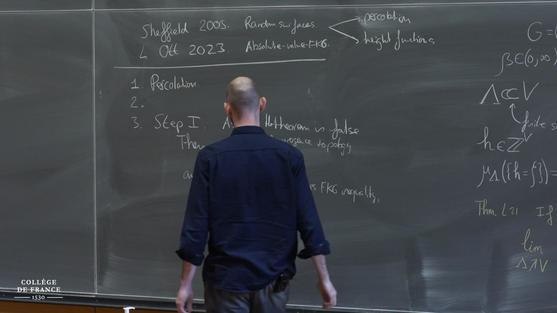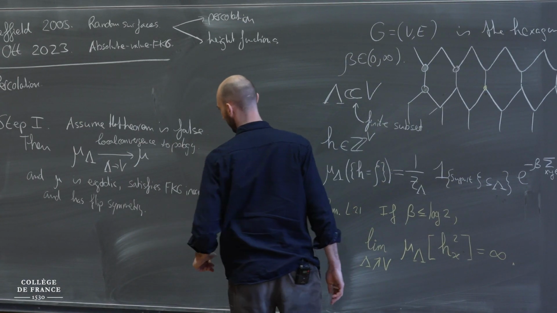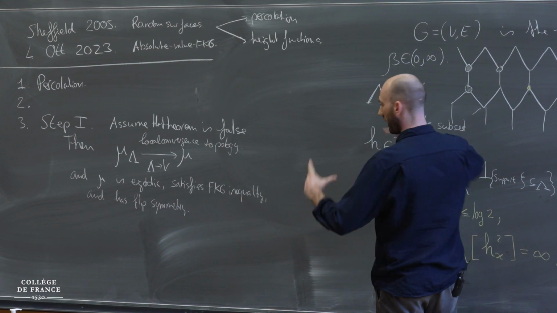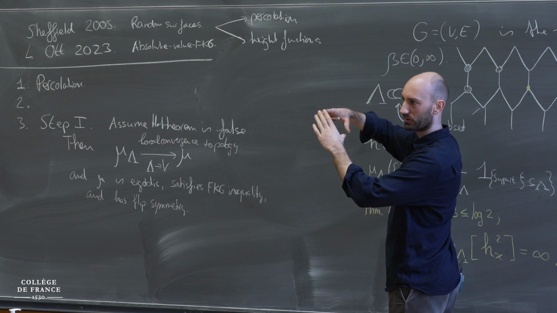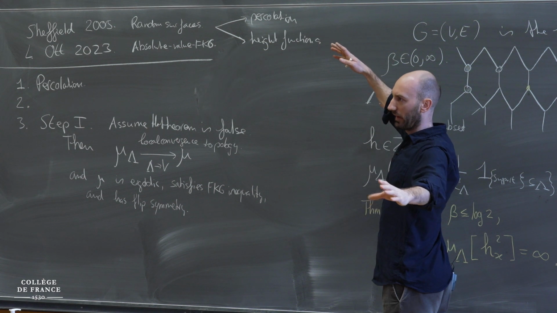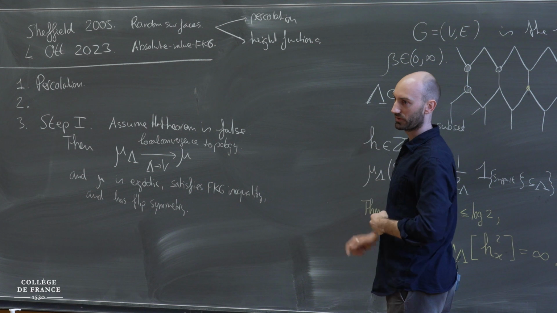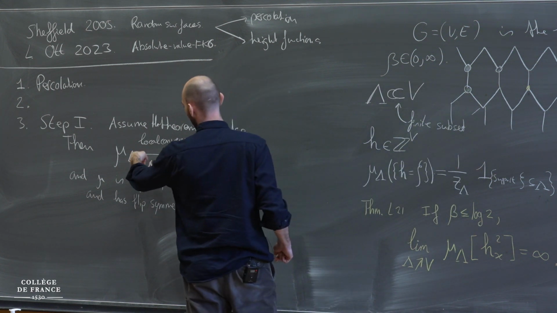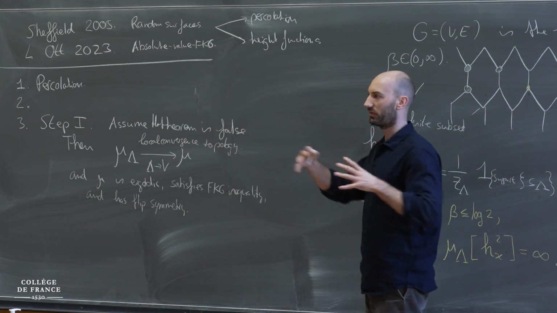So what does it mean to converge in the local convergence topology? It means I have my domain, but I restrict my attention to a finite box, and as I take my domain and boundary conditions further away, what I see in this box converges. And if you take this limit, we're actually going to prove that it's the same limit no matter how you take it to infinity.